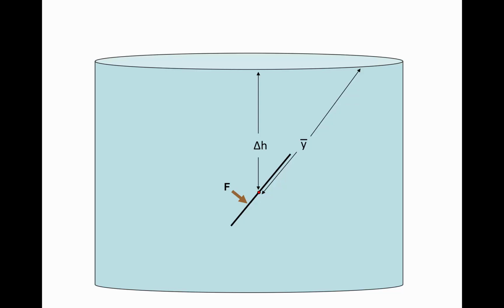Now you're going to have to revisit some of your geometry skills. Maybe you haven't thought about geometry since you were in the 9th or 10th grade, but in order to calculate the length Y bar, sometimes you'll be given delta H, or you can find it based on the dimensions that are provided. And then you'll have to calculate Y bar.